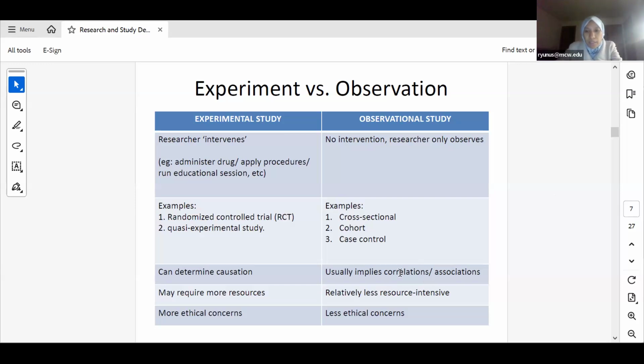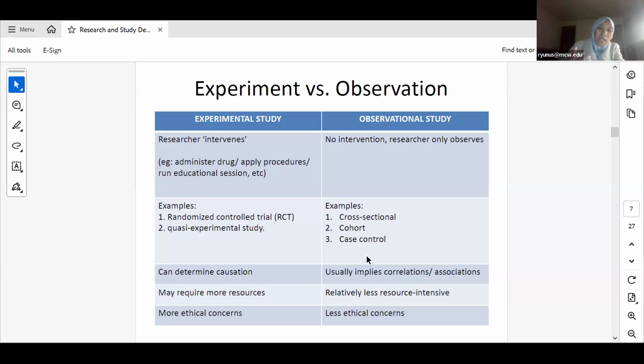Other differences: as you can see here, observational studies usually imply correlations and associations. That means even if you can establish some sort of relationships, these are just correlations or associations. It is not cause and effect. You cannot say that any observational study can establish causality.